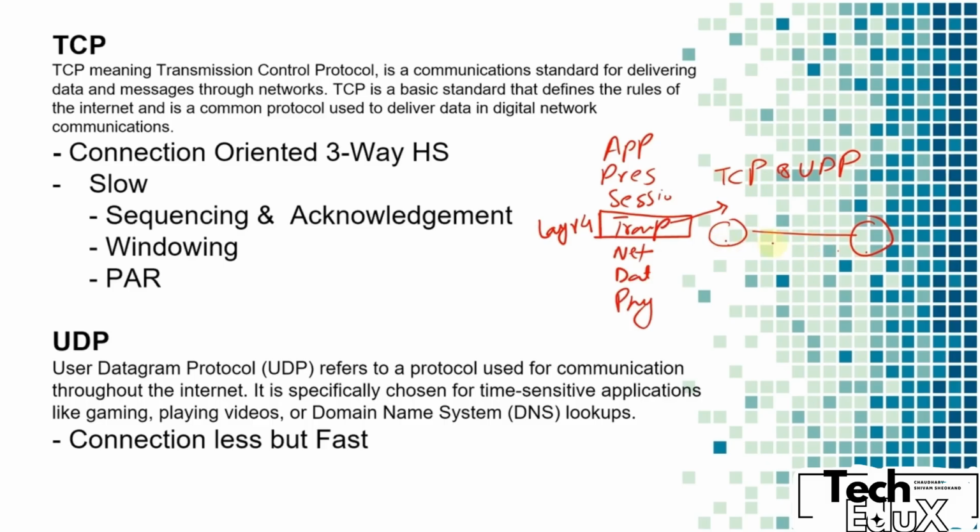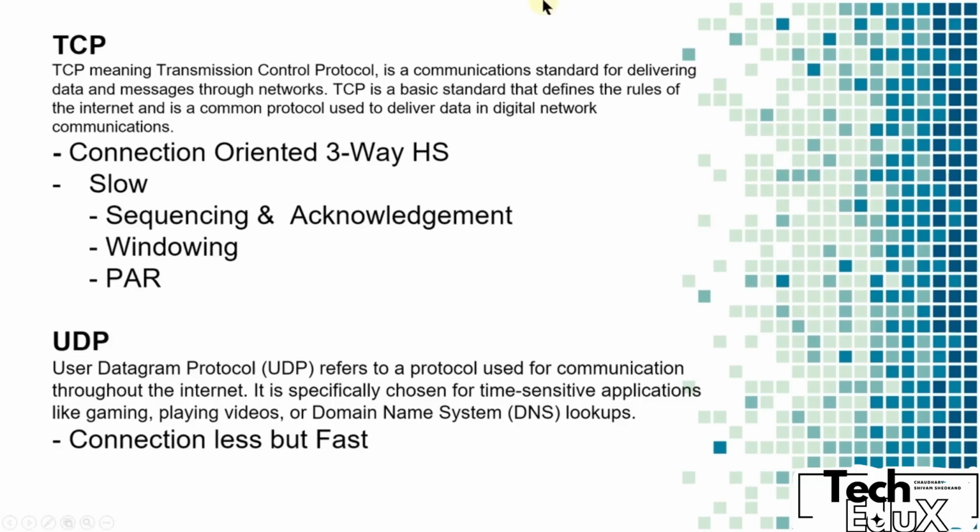So we said that at the OSI transport layer, we have two common protocols, TCP and UDP. And we also said that the transport layer is used to transport data from one source to another destination, from source to destination or destination to source.